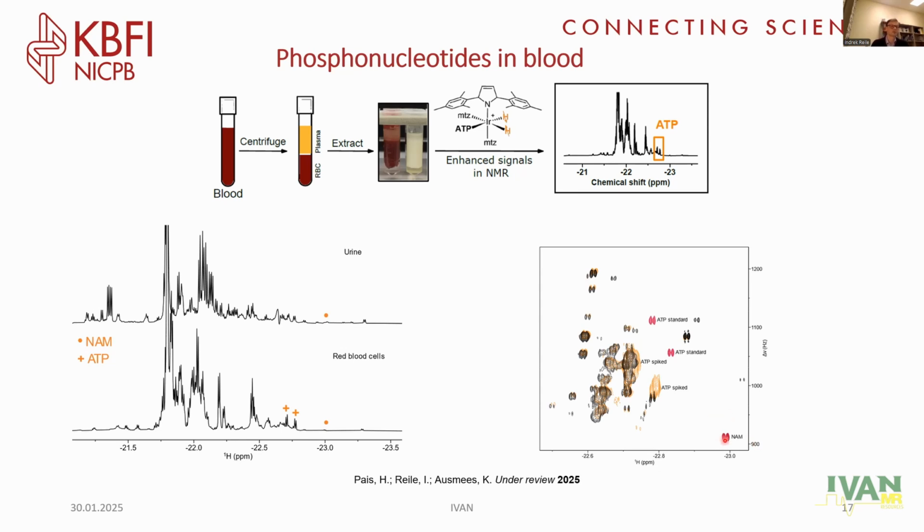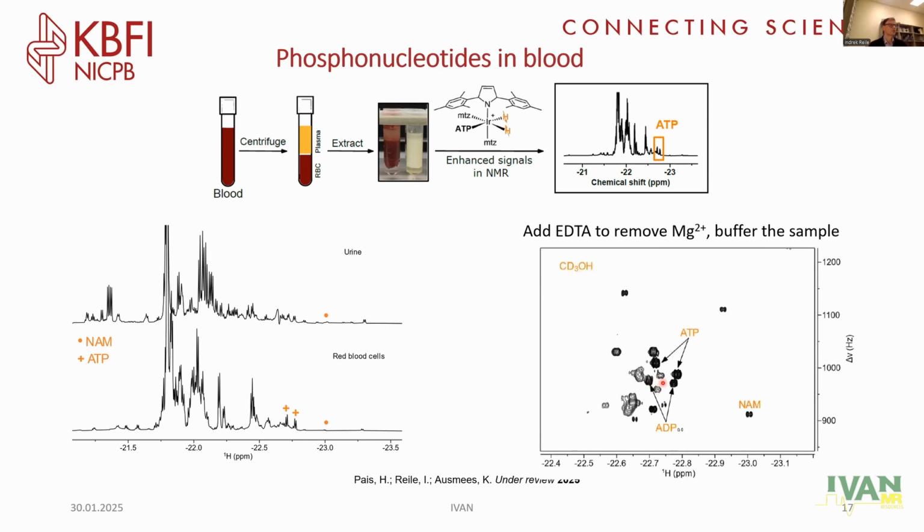Nicotinamide signals with our database overlap perfectly, but there is nothing where we would expect to see ATP. And when we dumped a lot of ATP into this, eventually something showed up, the yellow lines here, with a very broad line shape and in a very weird and wrong place. So clearly something wrong was going on there. Otherwise, the spectrum was beautiful, but we couldn't see ATP, what we were after.